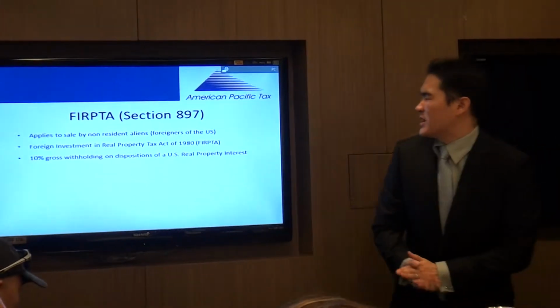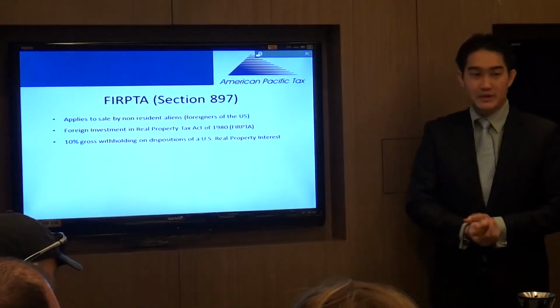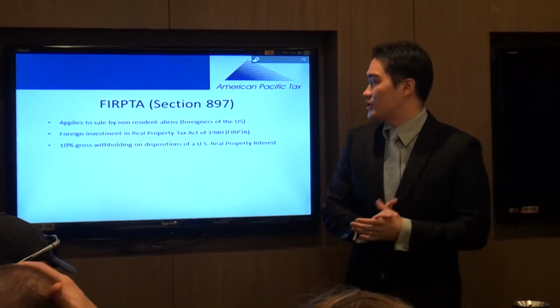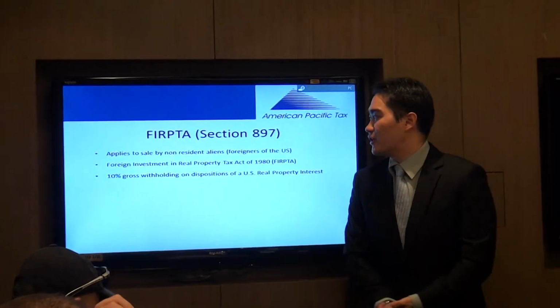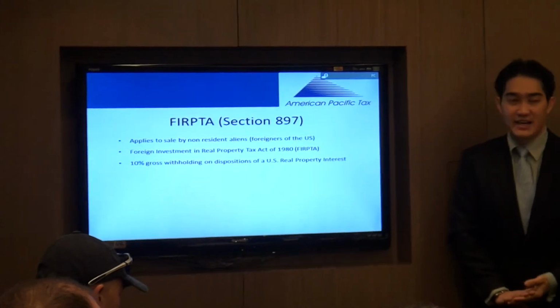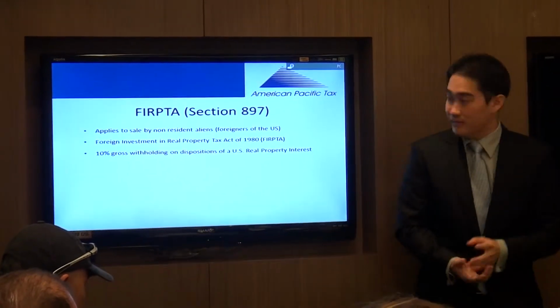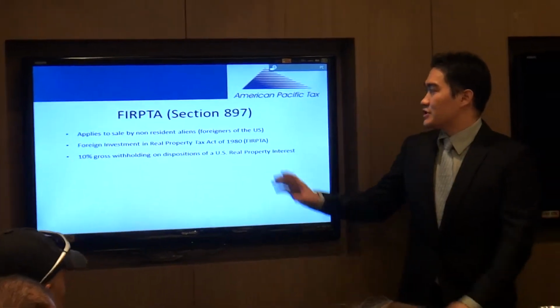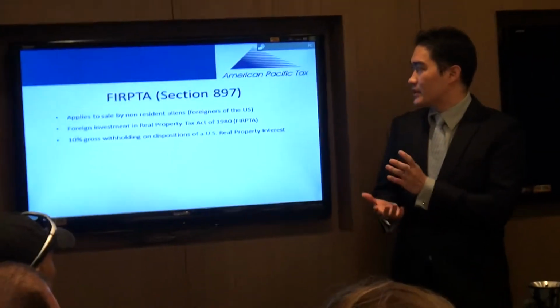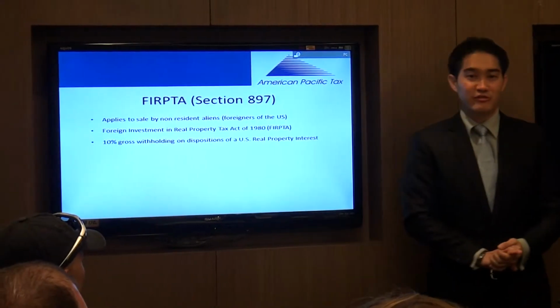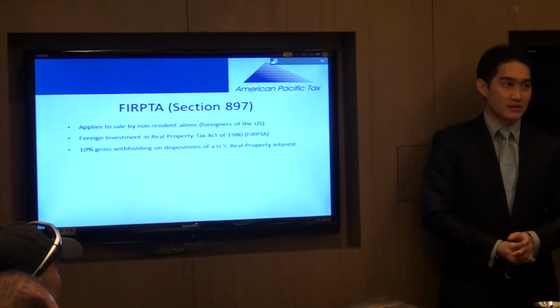And this is FIRPTA, which is similar to capital gains, and which I'll go into. FIRPTA stands for Foreign Investment in Real Property Tax Act, which was started in 1980. This is a law that basically imposes a withholding tax of 10% upon the sale of property by a foreign investor.